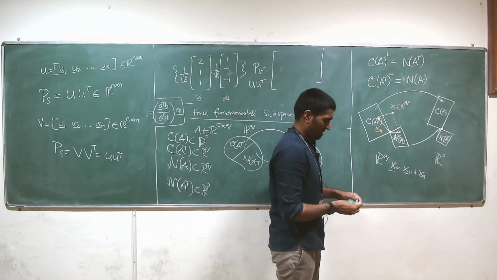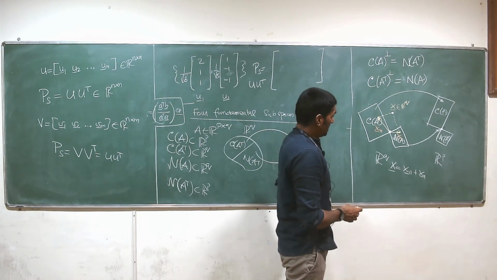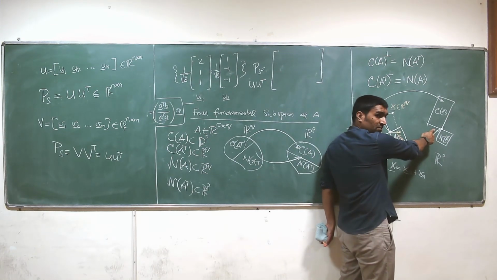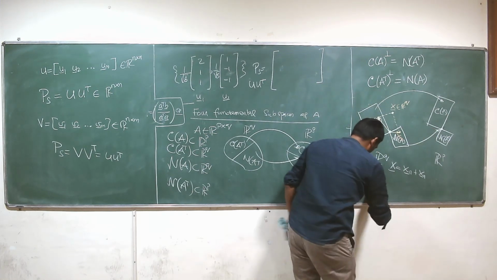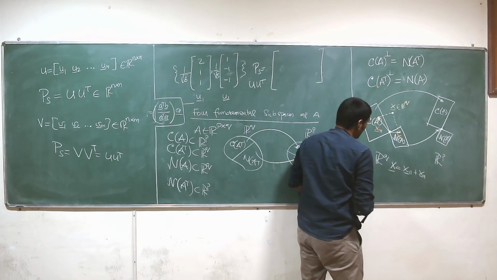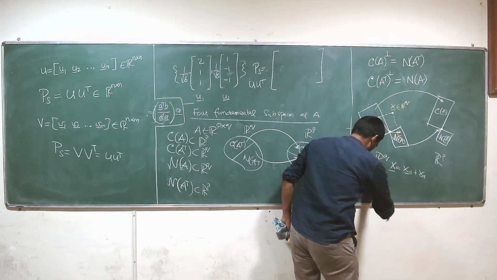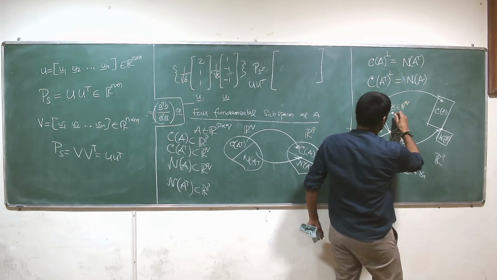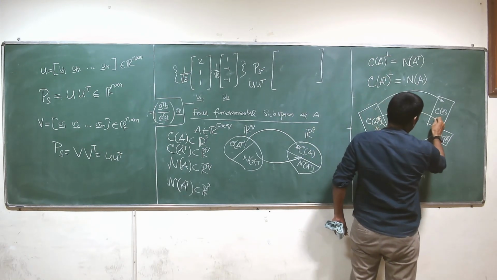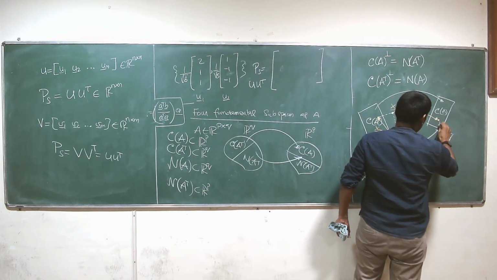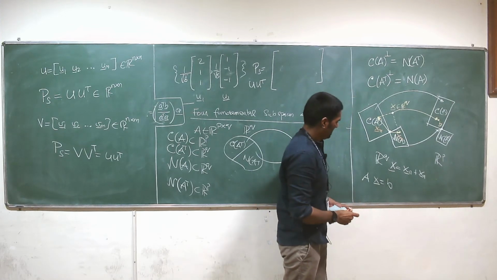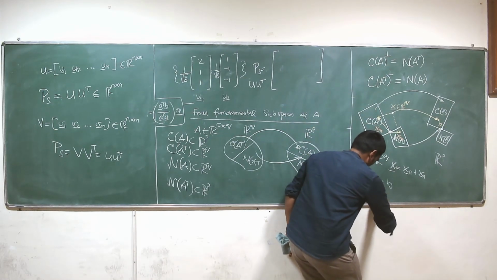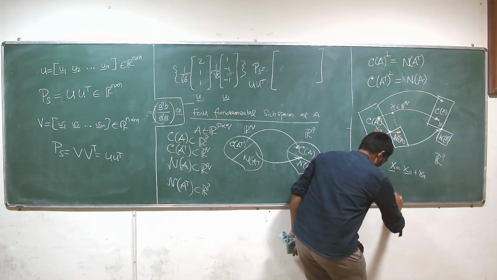Anything from the null space will get mapped to 0. So if you take X and multiply by A, you'll get some vector B. This gets mapped to some element here, this is B. In fact, B is simply A times XR plus Xn.